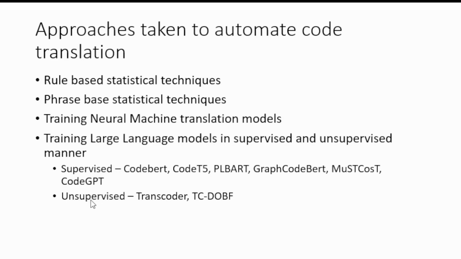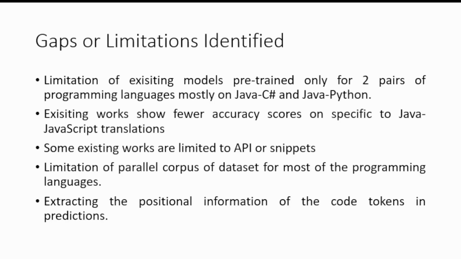And these are some of the unsupervised models called TransCoder and DOBF. And these are the gaps or limitations identified while I was doing the literature survey in the code-to-code translation task. There is a limitation of existing models pre-trained only for two pairs of programming languages, mostly Java to C Sharp, Java to Python, or sometimes Java to C++.